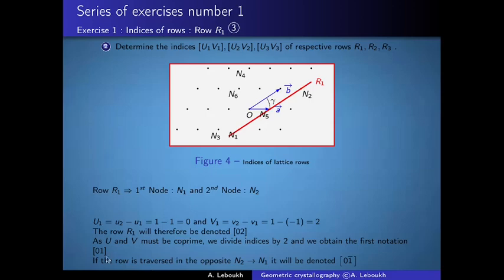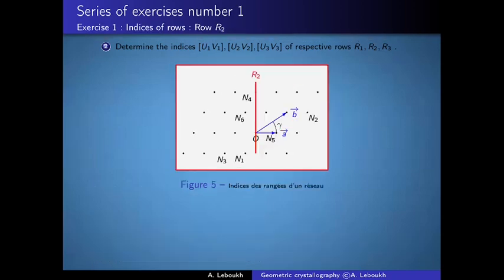If we change the sense or the direction of traversing the row, we have to change the sign of these indices. Minus 0 equals 0, we note 0 here, and minus 1, we note minus 1 here, or 1 bar.